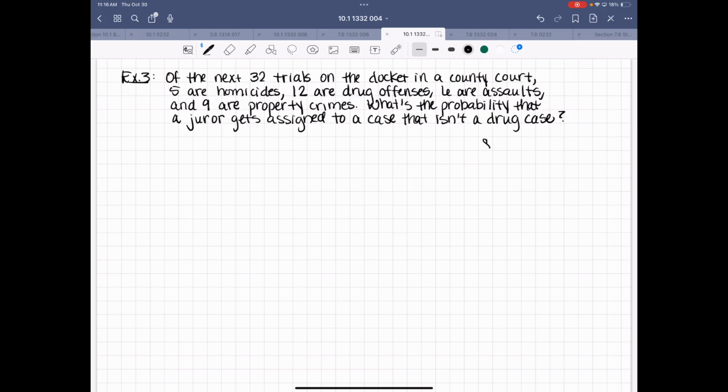So my sample space is: I have 5 homicides, I have 12 drug offenses, I have 6 assaults, and I have 9 property crimes.